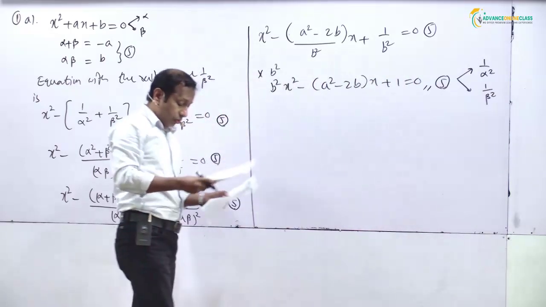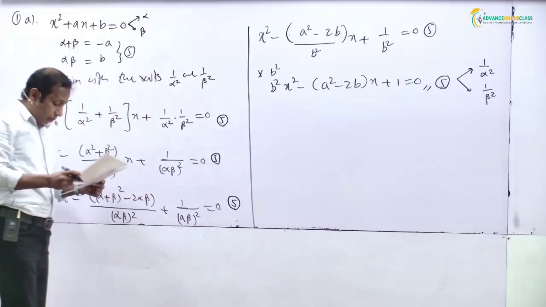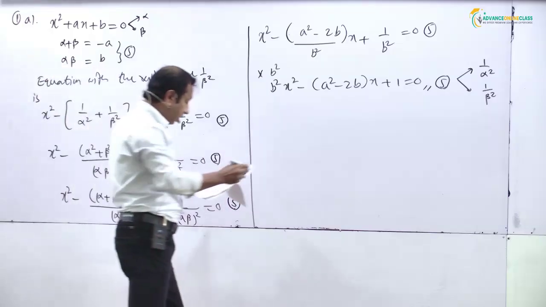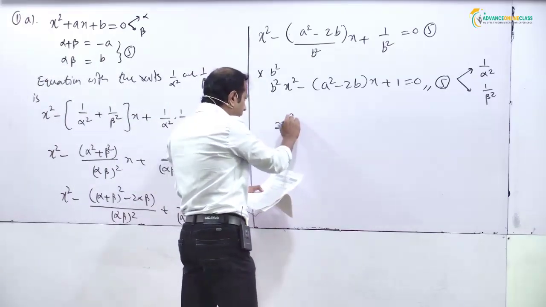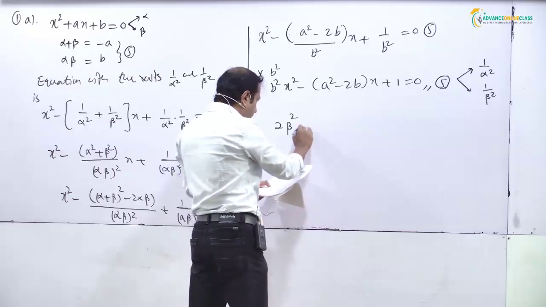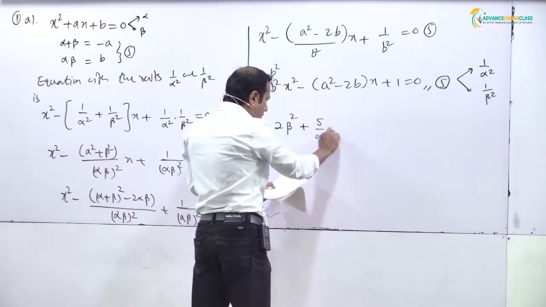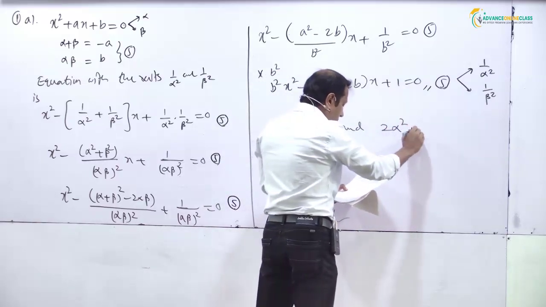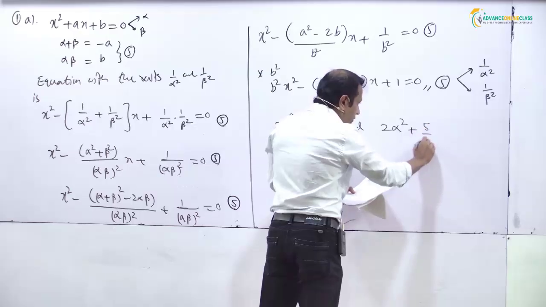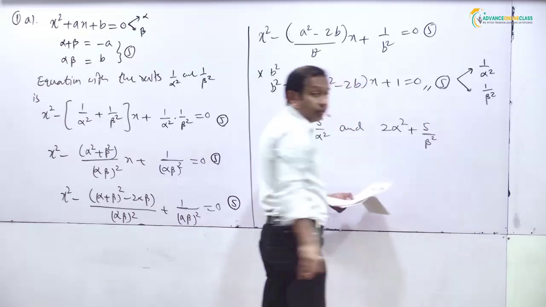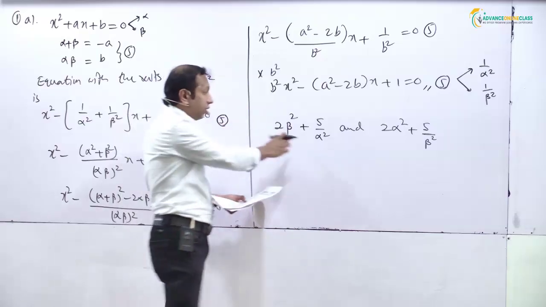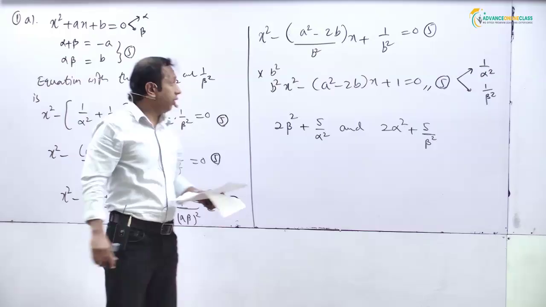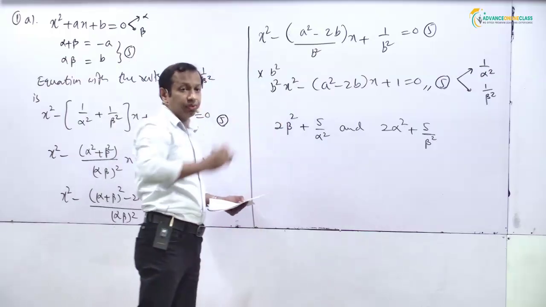So then the question asks for the quadratic equation with the roots 2 beta squared plus 5 over alpha squared and 2 alpha squared plus 5 over beta squared, using this equation. Hence means that.